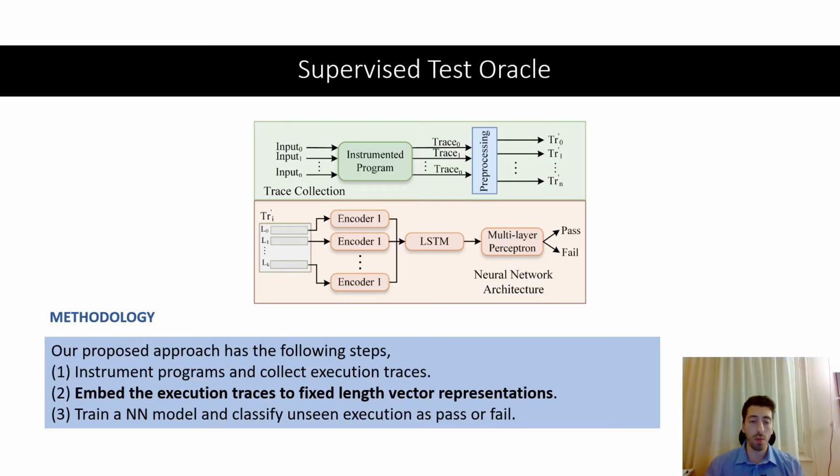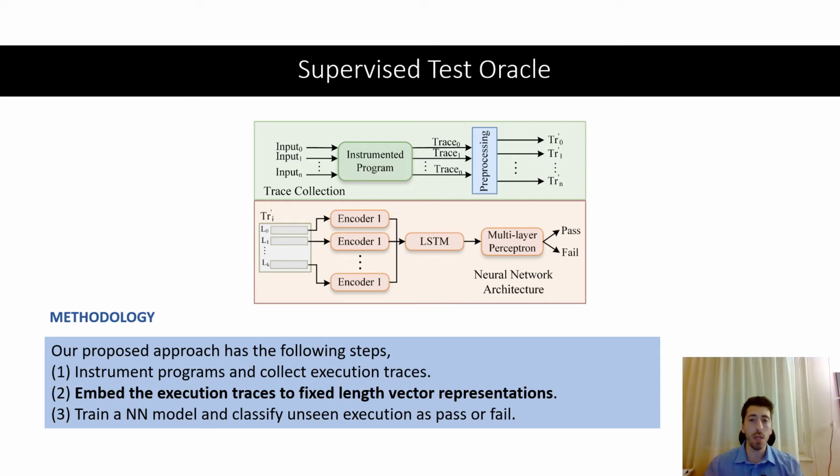So in this work, we use supervised learning to classify execution traces of programs as passing or failing. In other words, we develop a supervised test oracle. We feel using execution traces helps the classifier learn important features about the internal states of a program under test.